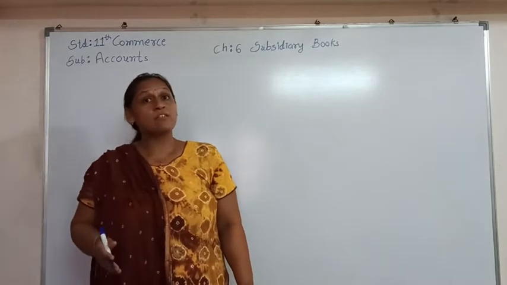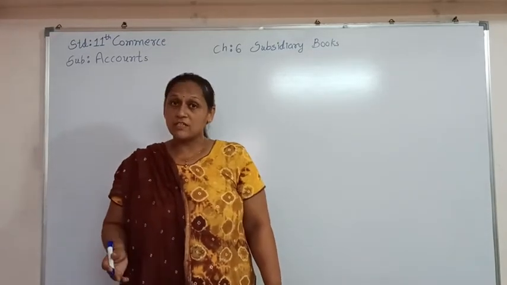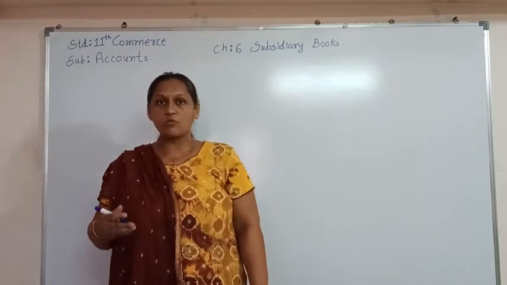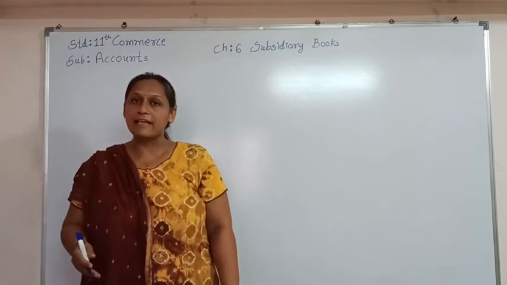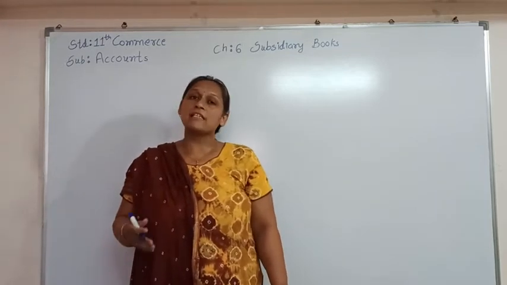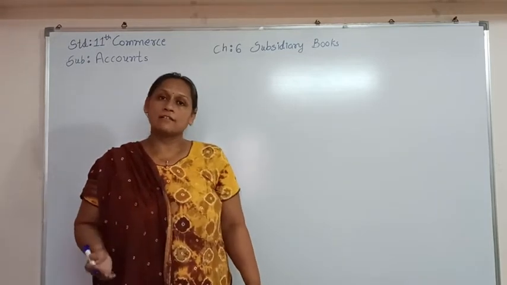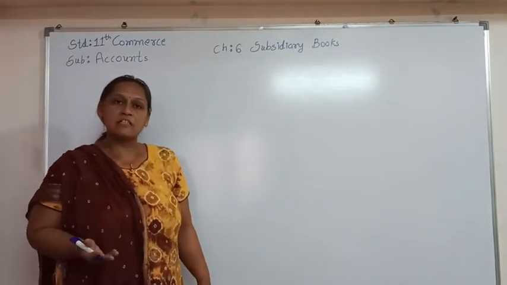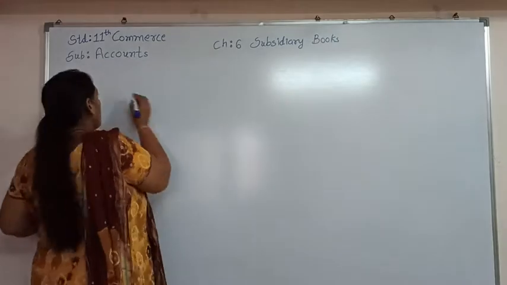And if the person is preparing a columnar purchase book, then he is going to prepare a columnar purchase return book as well as a columnar sales book and sales return book. So the way it is in the purchase book, the purchase return book also has types that we already saw in the purchase book.